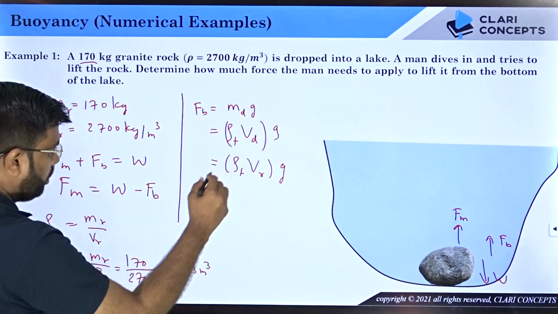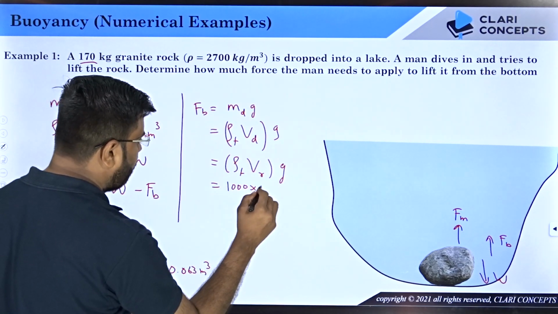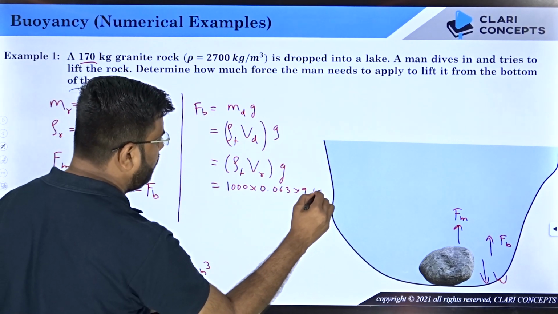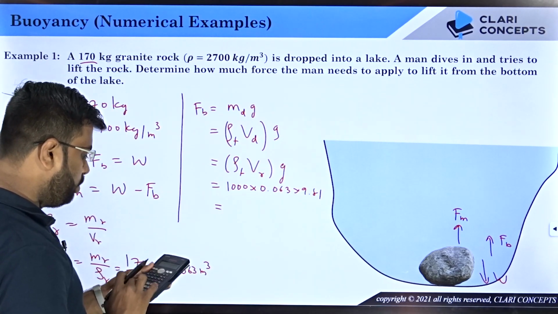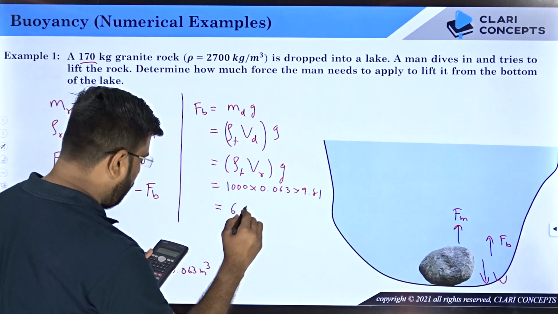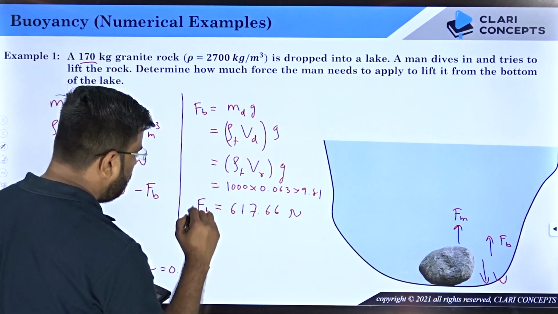This is the volume of the rock. So density of the fluid is 1000, volume of the rock is 0.063 and g is 9.81. 1000 into 0.063 into 9.81 gives 617.66 newtons of buoyancy force.